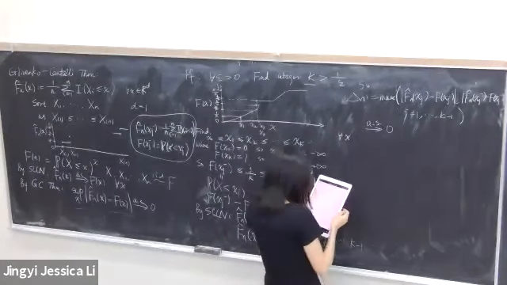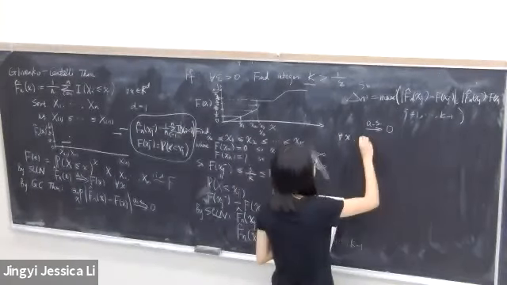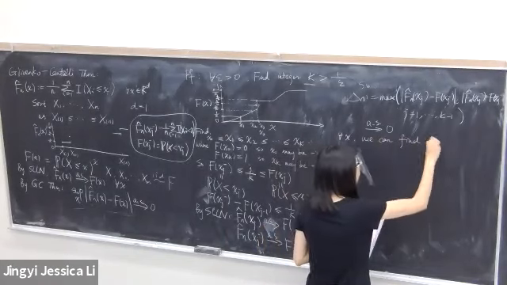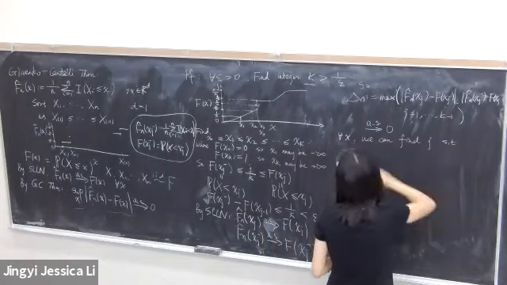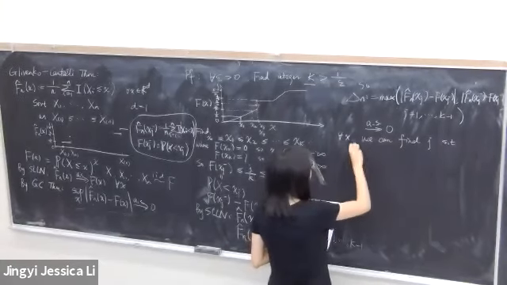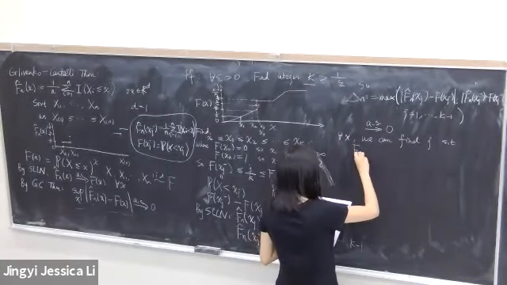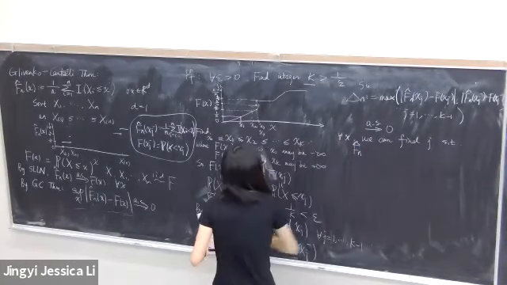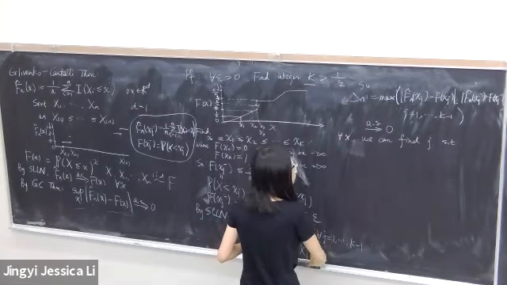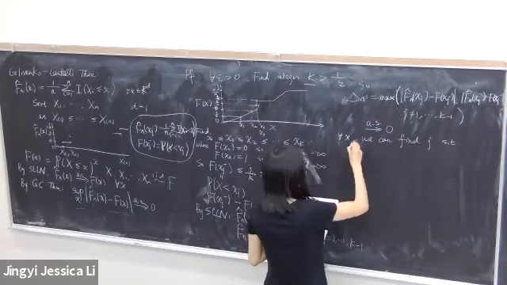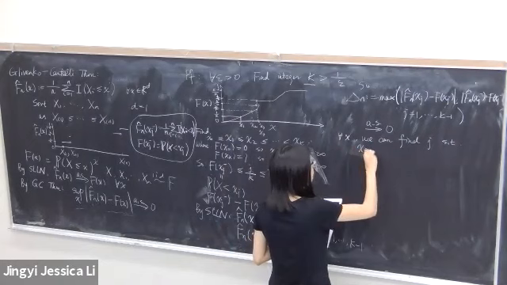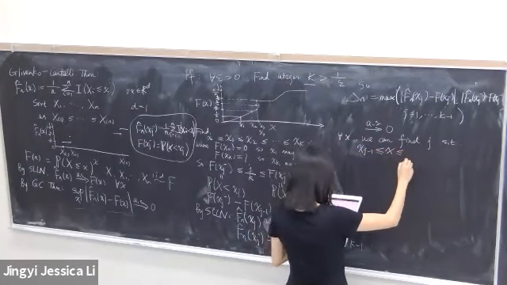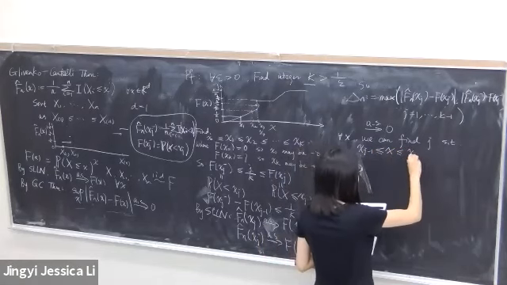For any x, we can find j such that x_{j minus 1} is less than or equal to x, which is less than or equal to xj.